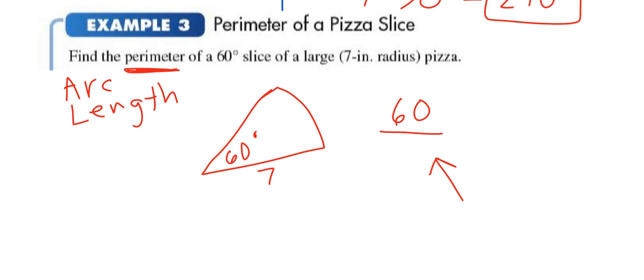That's right, because they chose degrees. Times 2 times pi times 7. Simplify it. Remember, I think you get a 5-function calculator for this too. So look for reducing as much as you can.